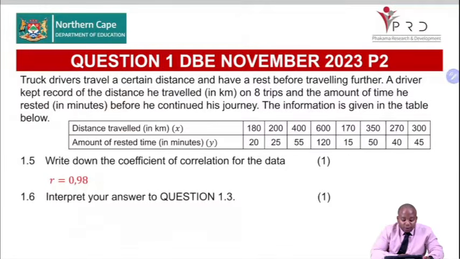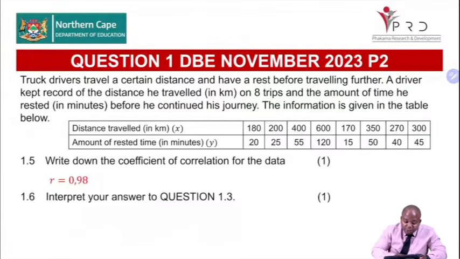1.6 reads as follows: interpret your answer to question 1.3. To interpret this answer, grade 12, remember we are going to look at R, a value that lies between +1 and -1. We see that our R was +0.98, and +0.98 is closer to +1.